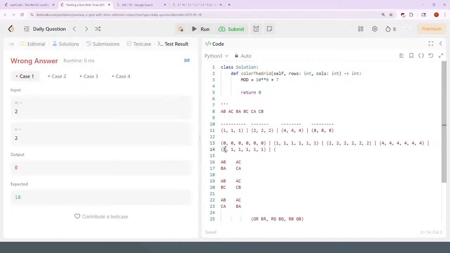So this one actually represents that the vertical thing is AB. Yeah, this is AB, this is AC, this is BA, this is BC, CA, CB. Then what do these things represent? Which way is it going here?